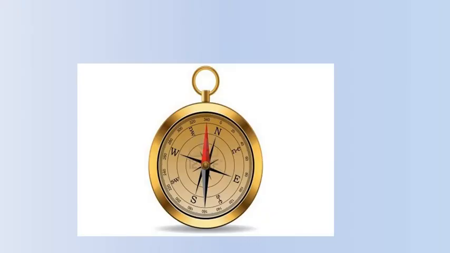Now, the next image is compass. What is the use of compass? A compass is a magnetometer used for navigation and orientation that shows direction relative to geographic cardinal directions or points.